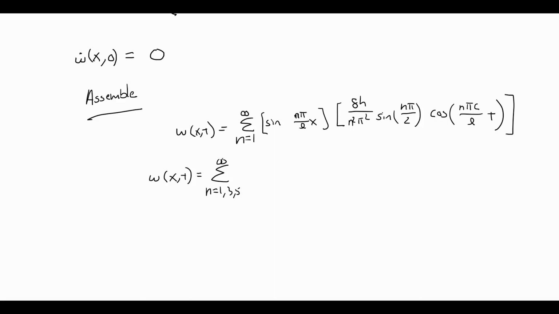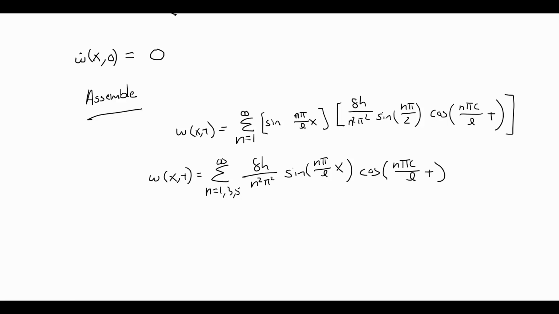And then I have 8h over n squared pi squared times the sine of n pi over L times x, that's the natural frequency over c, and times the cosine of n pi c over L times time.